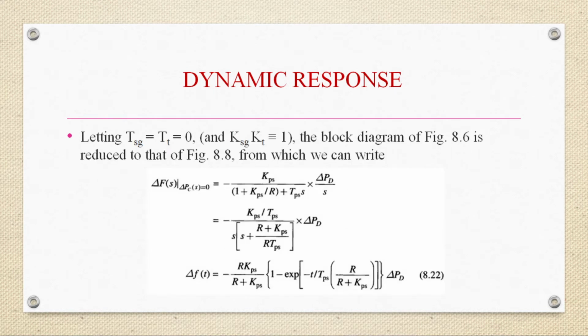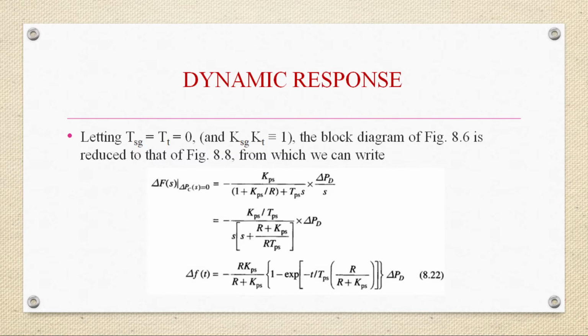Let Tsg equal Tt equal 0, so Ksg into Kt is nearly equal to 1. We can write delta f of s equal to minus Kps by 1 plus Kps by R plus Tps into s, into delta Pd by s.